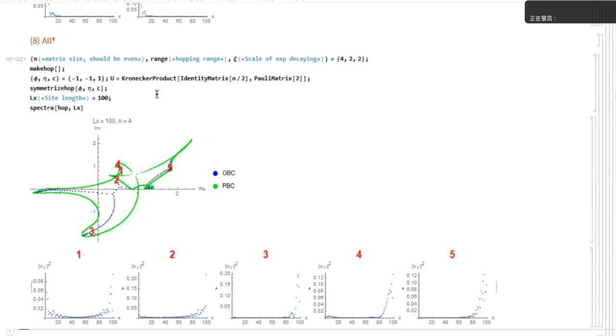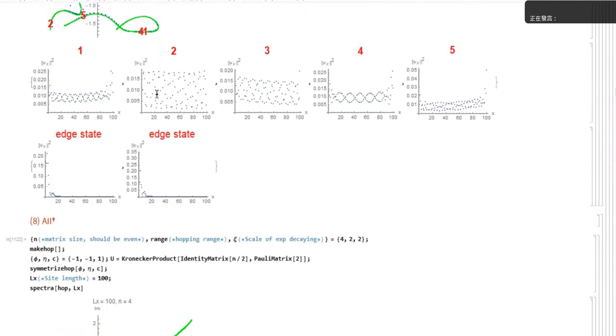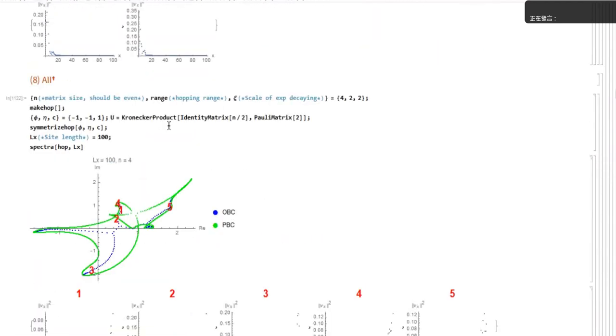So if we replace the type of transpose symmetry, the existence and absence of skin effects are different.